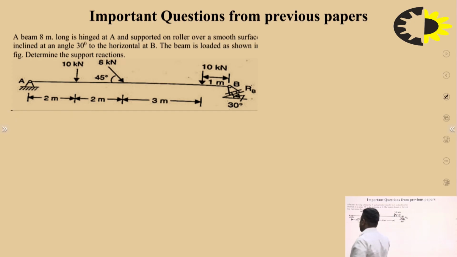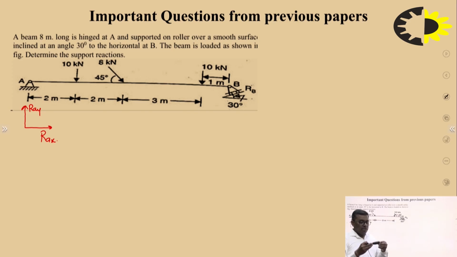As it is known to you, if there is a hinge support, it will be replaced by two reaction forces, RAX and RAY. If you are not clear on this, you may go through the video.